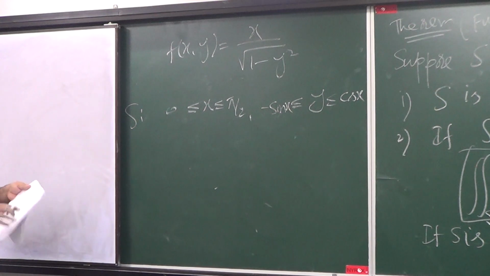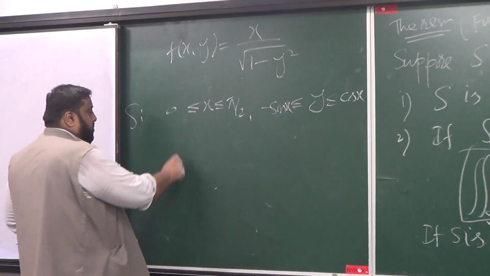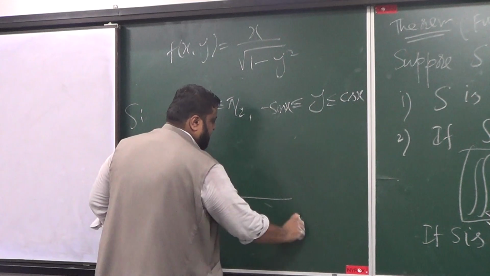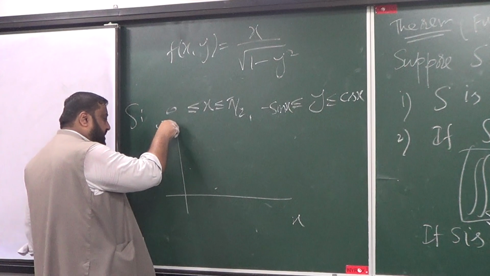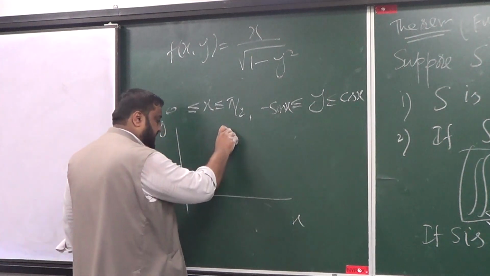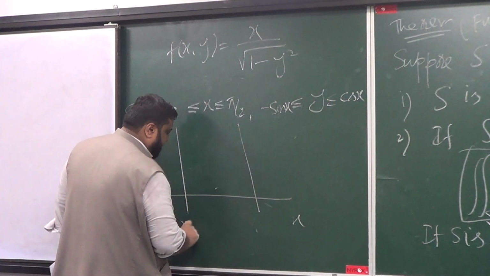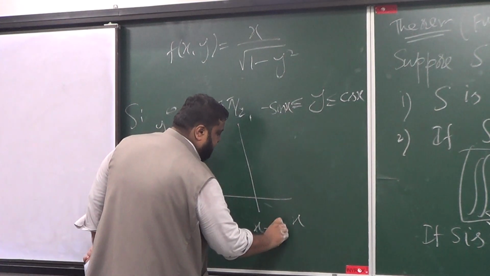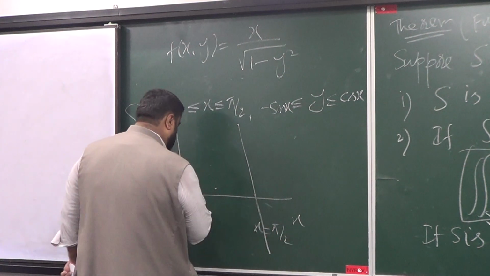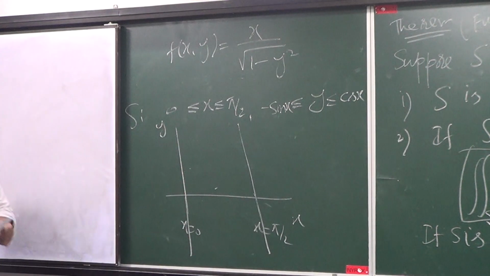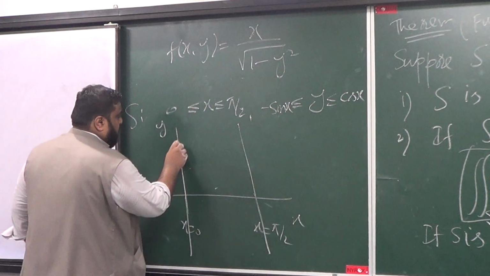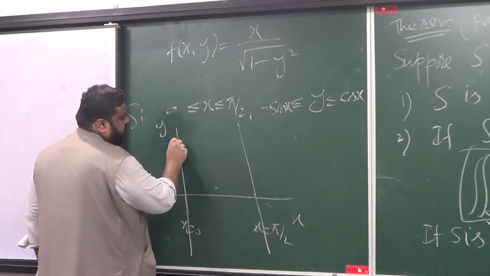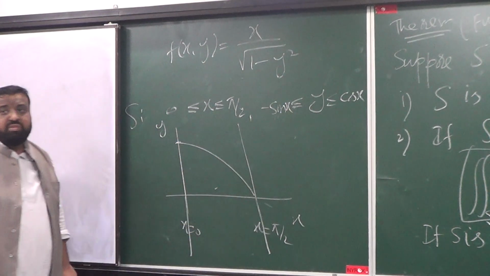So if I plot it, how is it going to look? This is the x-axis and y-axis. I'm talking about the region x equal to 0 to x equal to pi by 2. What would be the plot of y equal to cos x? Say this is the height of it, 1, and then it's going to go down to 0, something like that.